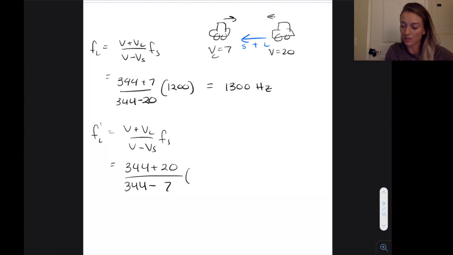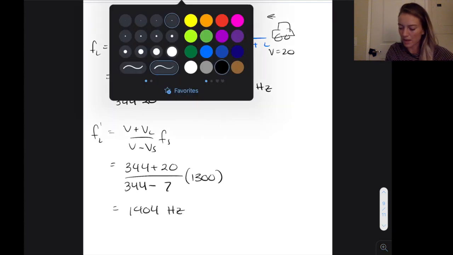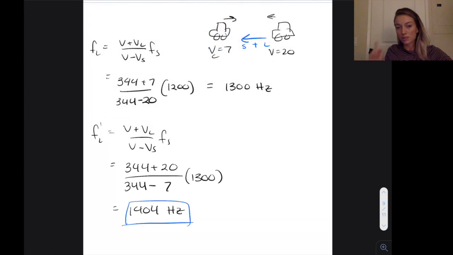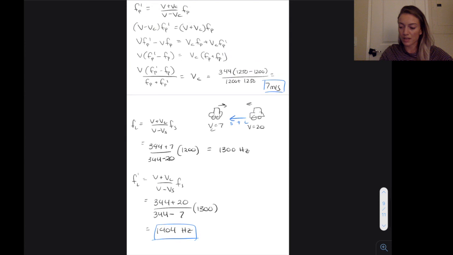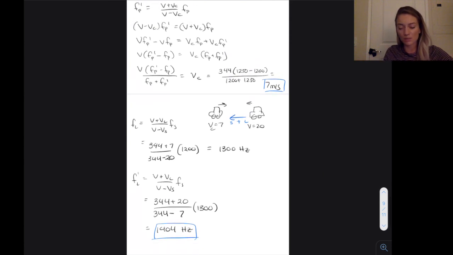The source now is this frequency that's reflecting back, so the source is 1300. You just plug those things in, and you get 1404 hertz. That would be the frequency that the police car heard if he was moving towards this other car at 20 meters per second, and the other car was also moving towards him at 7 meters per second.